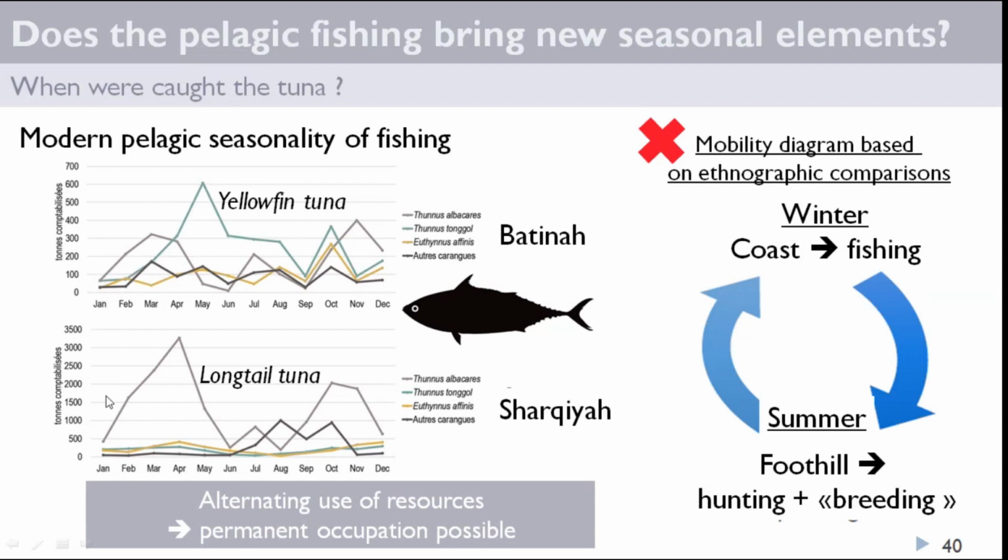I mean, these fish can be fished all year on both governorates, but they present a peak of presence in April and the beginning of summer, and also during the winter. So we can imagine that pelagic fishing could be performed all year with the high capture of the kawa, which is the majority fish on the site of Ras Salad.